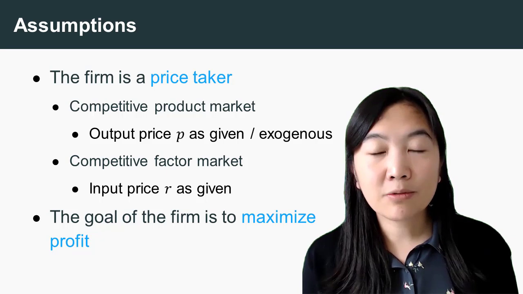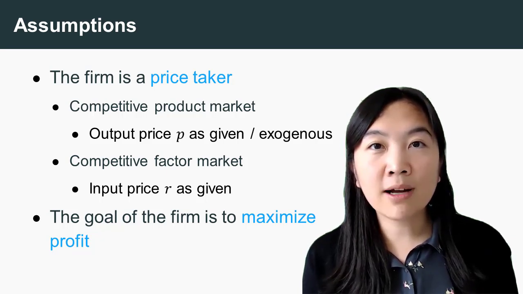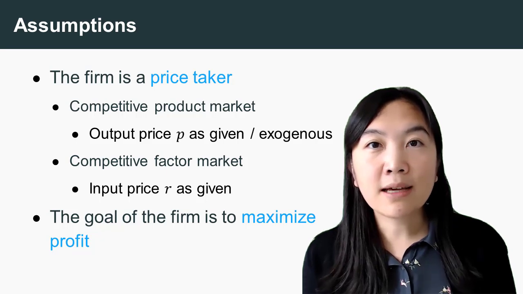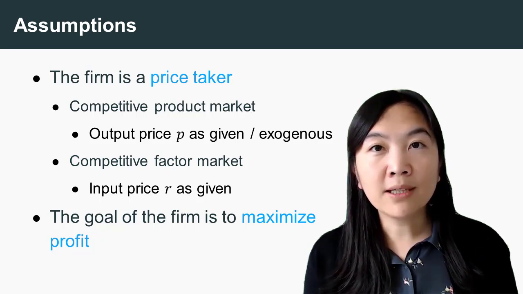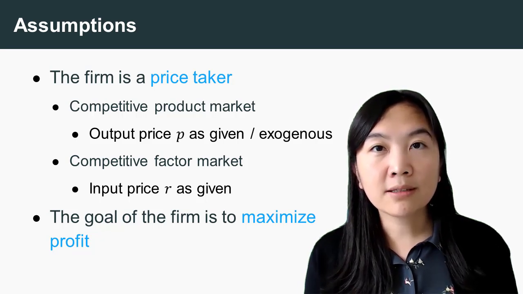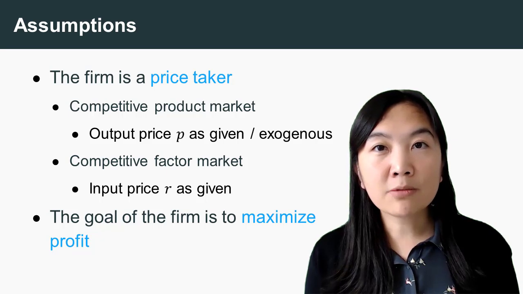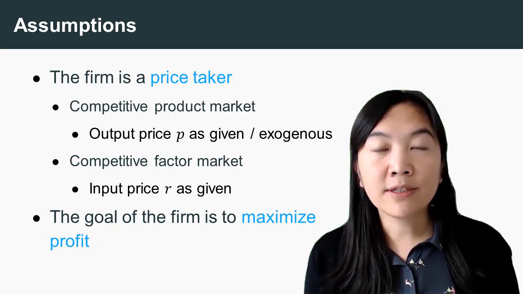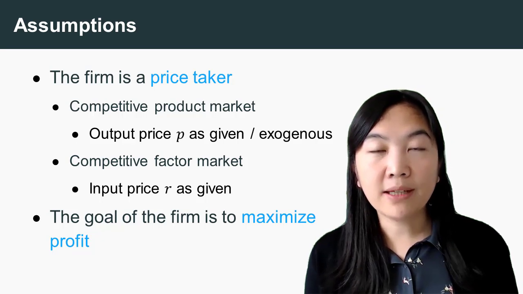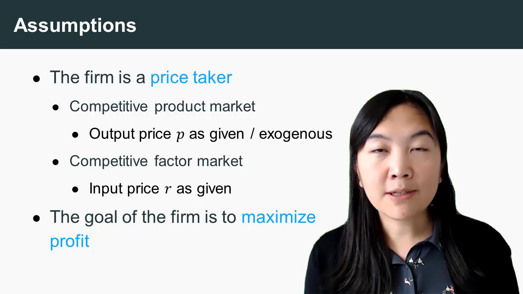When we say a price taker, that's about 2 markets. One is the output market. That means when the farmer has produced, for example, wheat, and then the farmer is selling that wheat on the market, the farmer will not have any impact on the price of the wheat. So in that case, we see that the farmer is a price taker for the output.